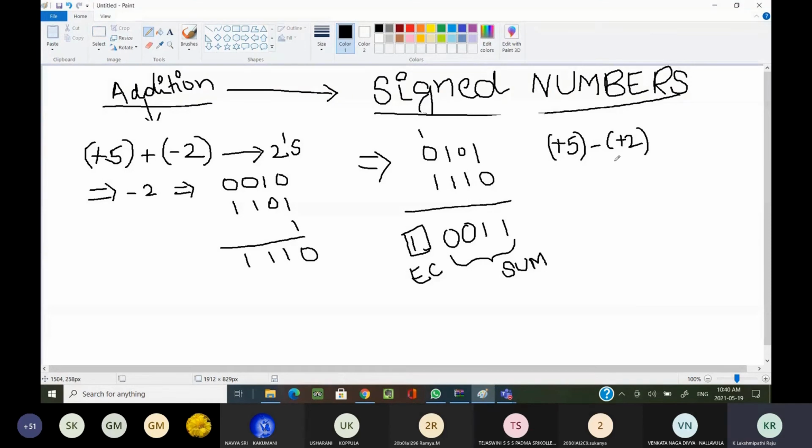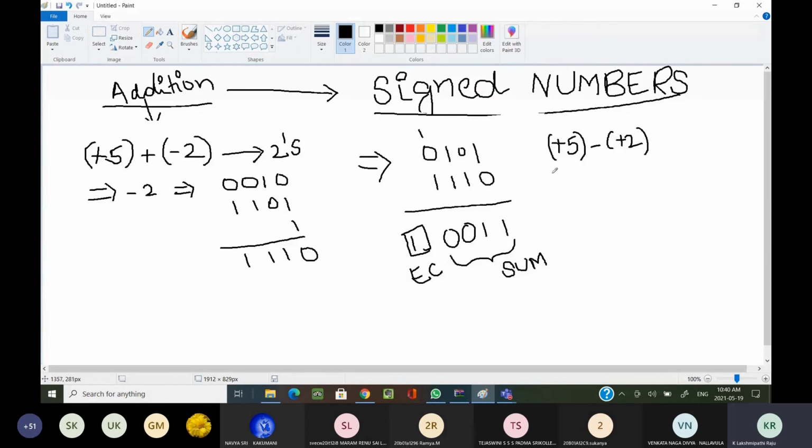Now, for positive numbers all representations are the same, not for negative. What you are saying is correct, but can I write the expression in this format or not? Yes, sir, you can write it. Her doubt is that if it is a positive number, we are representing every positive number in the same format. Now I can write the expression in this format.